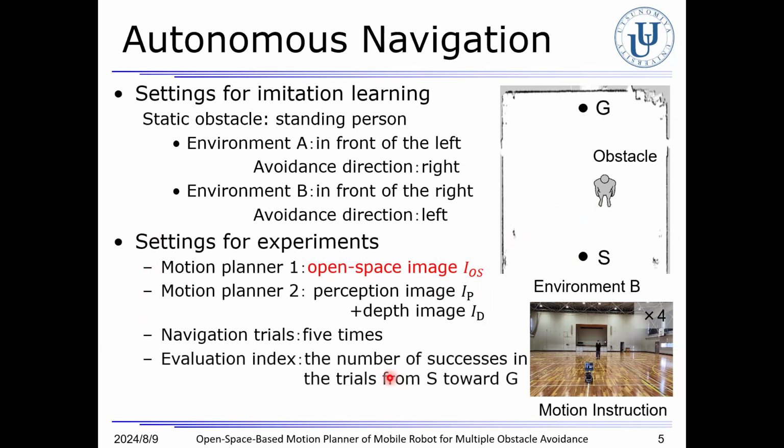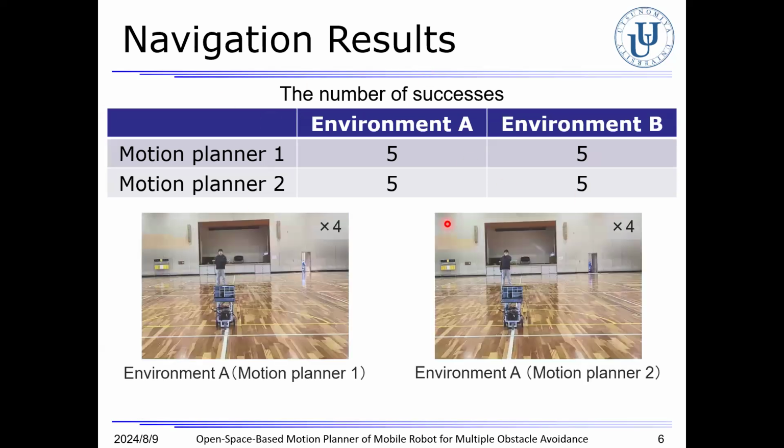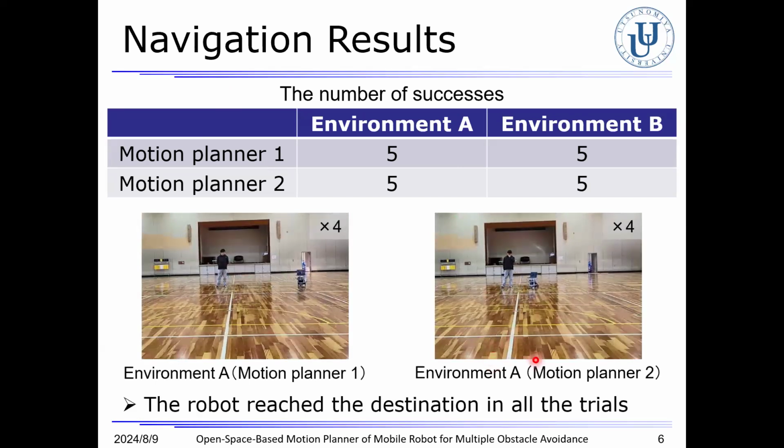For comparison of the motion planners, we compare the number of successes in the trials from S toward Z. This is the navigation result. In environments A and B, the robot reached the destination in all the trials, regardless of the motion planners. The robot avoided to the right in environment A and to the left for the obstacle in environment B.